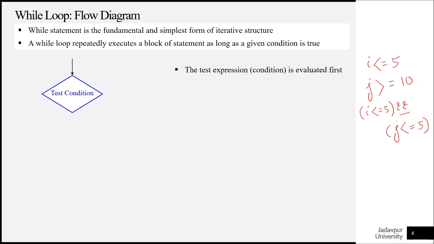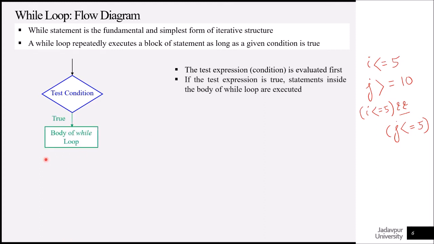Now in C, true is equated to an integer value of 1, whereas false is equivalent to an integer value of 0. If the test expression is true, then execution enters the while loop. And all the statements within the loop are executed.